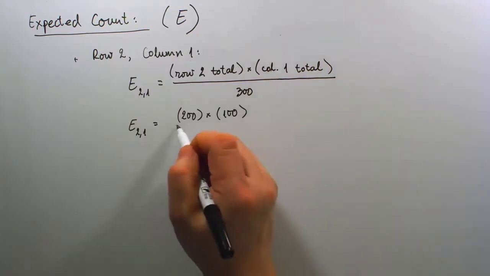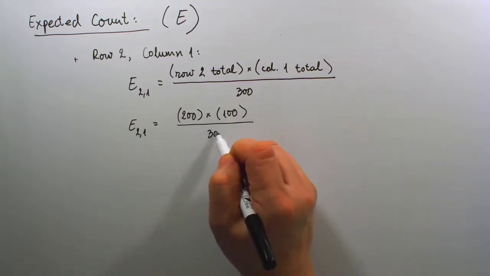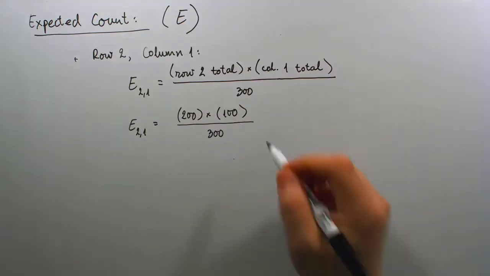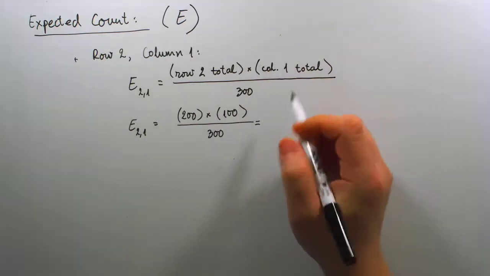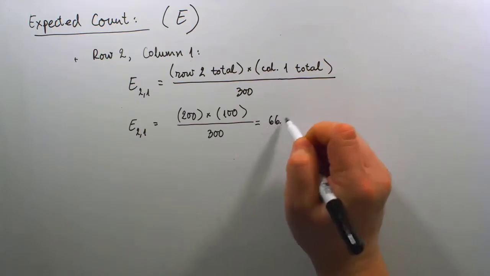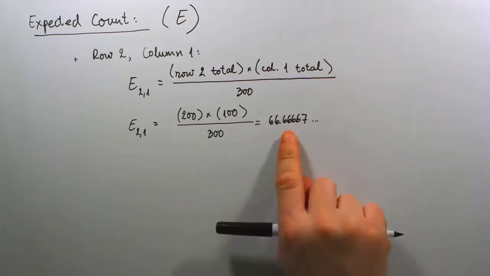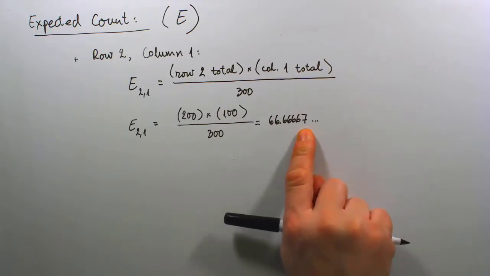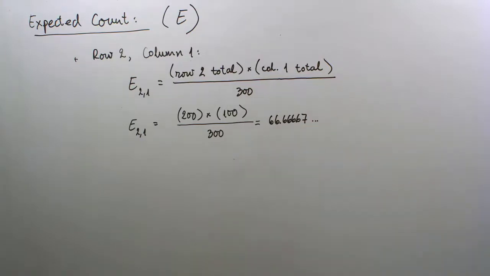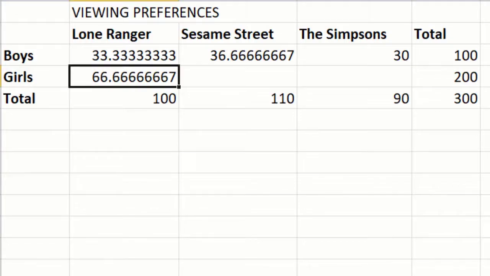And now the product there is divided by 300. Calculation of mine shows 66.666667. It should have been a lot longer, but I decided to stop here at 5 decimals, so I round that to 7. And that is the expected count that can happen in this entry at row 2, column 1.